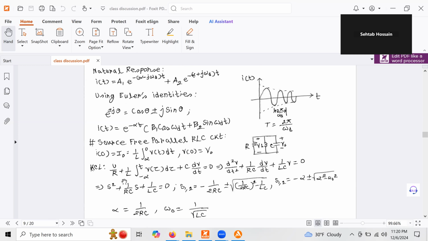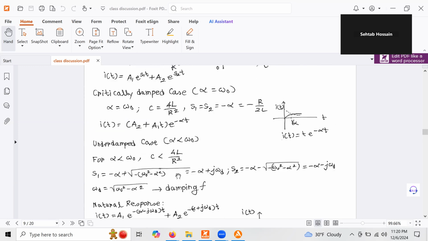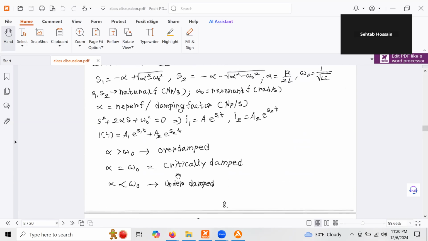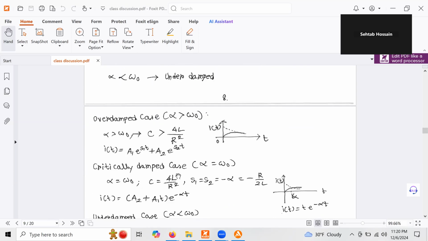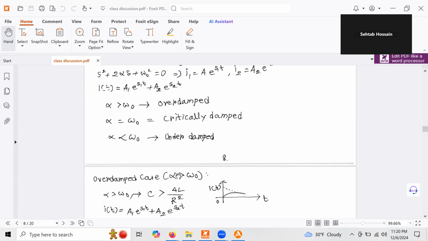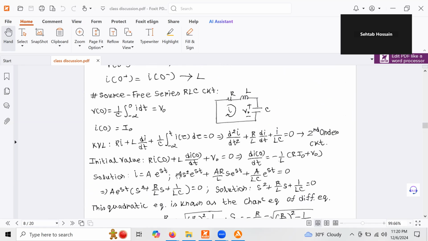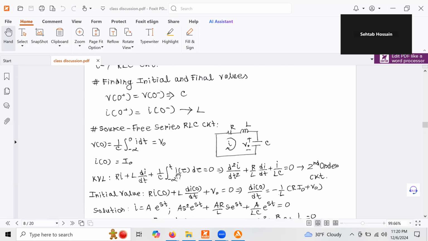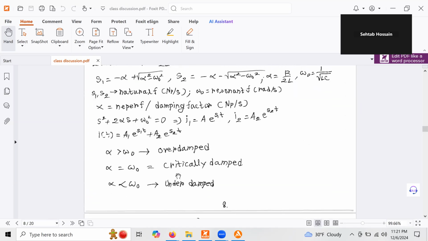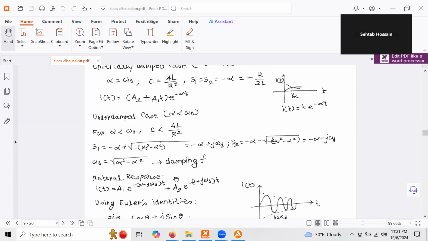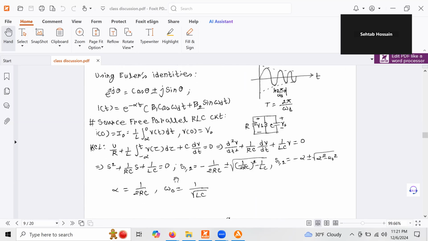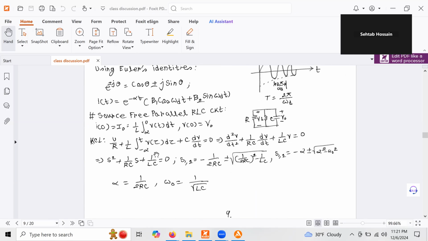Then we see the same formula just like this, where we take the solution I equal to A times exponential of st. The same thing happens over here. Then we remove the exponential part and come out with this polynomial part.